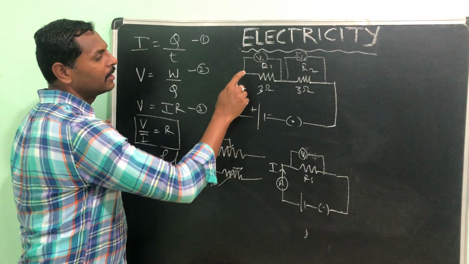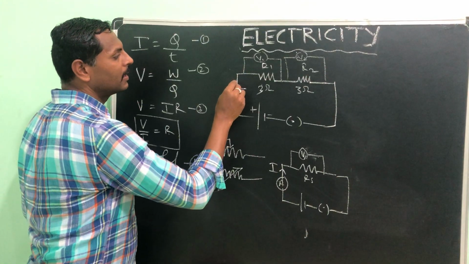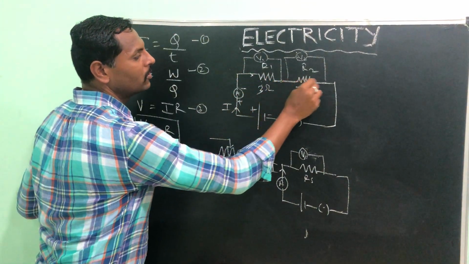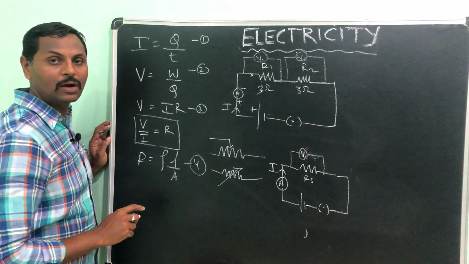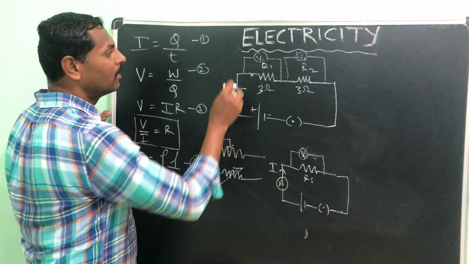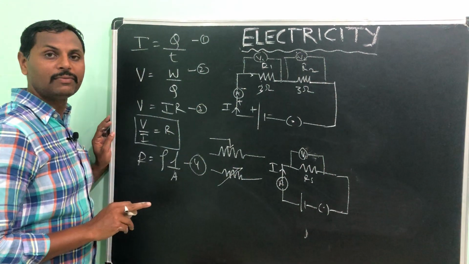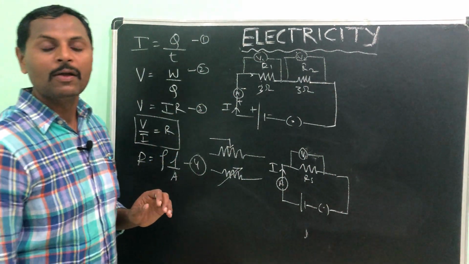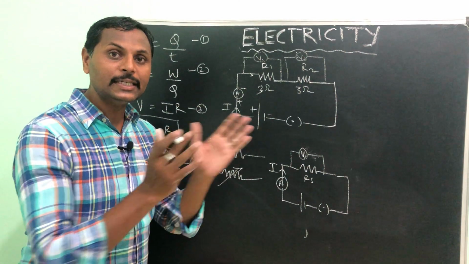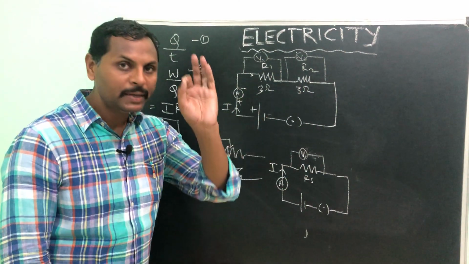Simple: the current is moving like this, and no current is dividing here, whereas voltage is dividing, the potential difference is dividing. In a series connection, voltage is always distributed, whereas current remains the same.